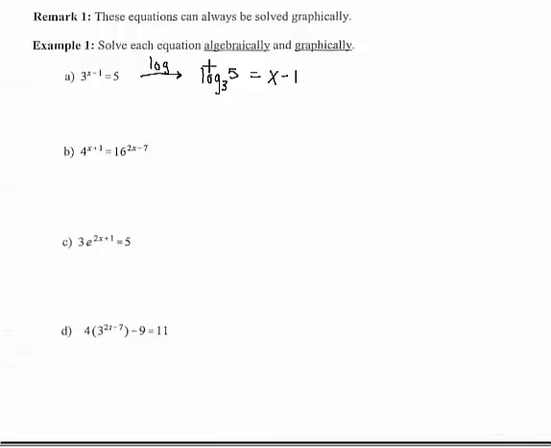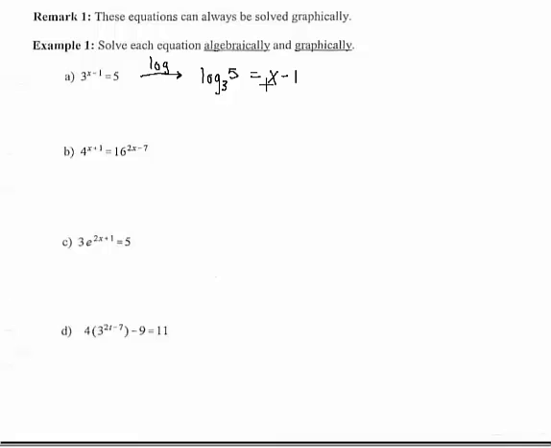When you look at this, log base 3 of 5, this is a number that you could calculate with your calculator.